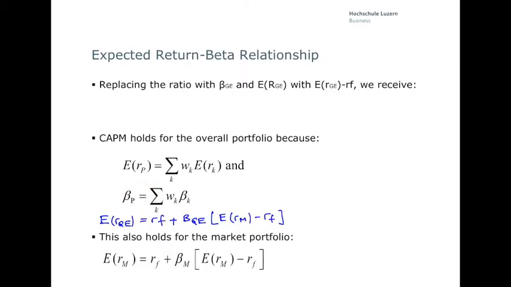Replacing the expected return and beta for GE with the market terms, we receive the market portfolio itself, as shown in the following formula. In a well-functioning market, investors receive high expected returns only if they are willing to bear risk.